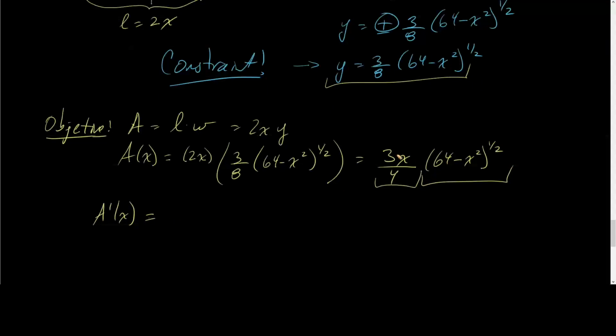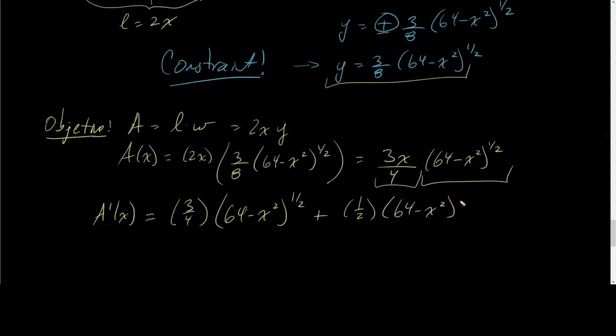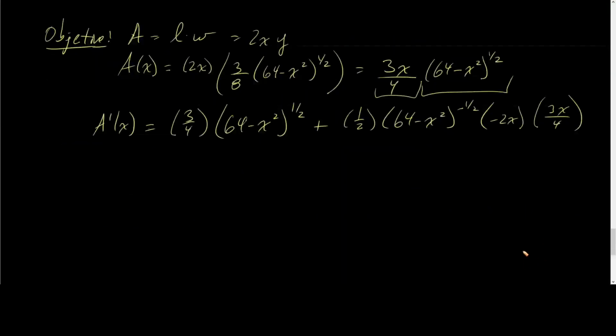So the derivative of the first, 3/4, times the second, 64 minus x squared to the 1/2, plus the derivative of the second, 1/2 times 64 minus x squared to the negative 1/2 times negative 2x times the first, 3x over 4. All right, so that's our function there.